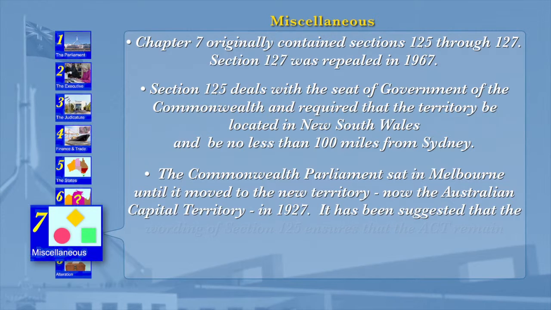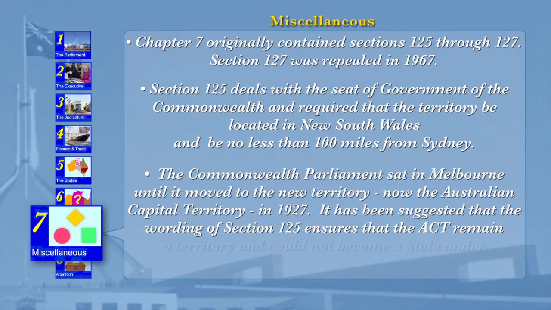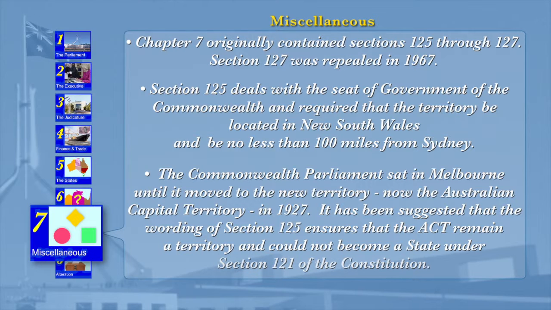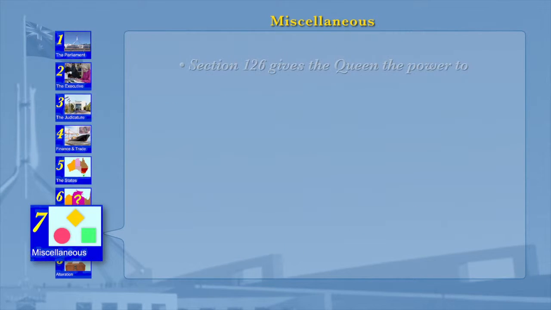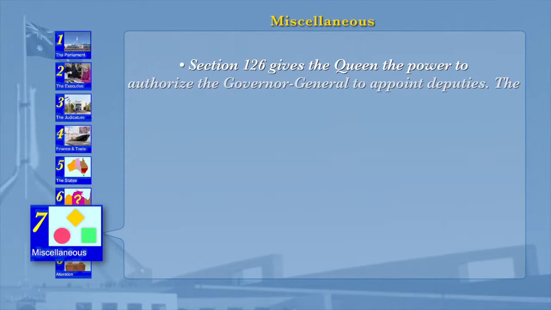It has been suggested that the wording of Section 125 ensures that the ACT remains a territory and could not become a state under Section 121 of the Constitution. Section 126 gives the Queen the power to authorise the Governor-General to appoint deputies.